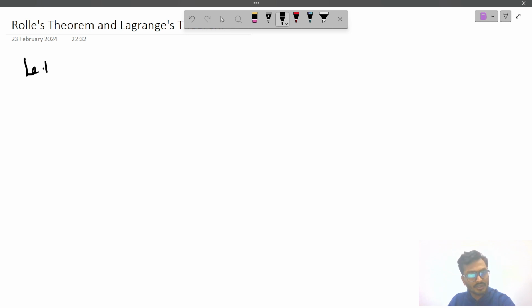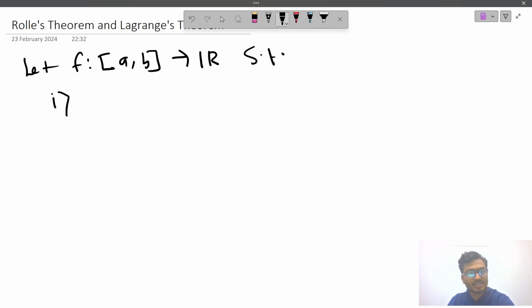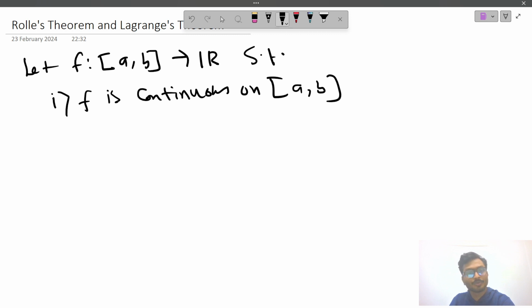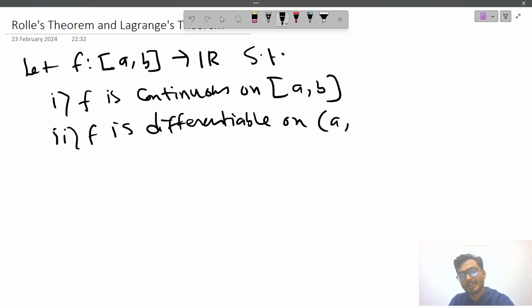Let f be a function defined from [a, b] to R such that f is continuous on this closed interval [a, b]. Second, f is differentiable on the open interval (a, b). And the third condition is f(a) equals f(b).